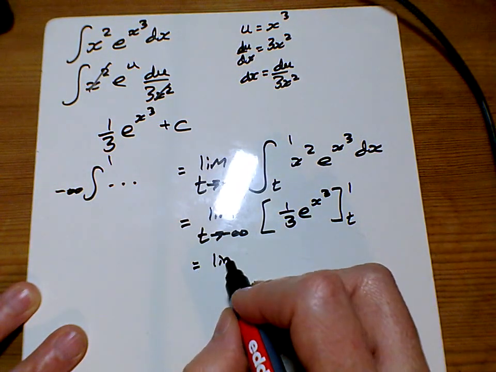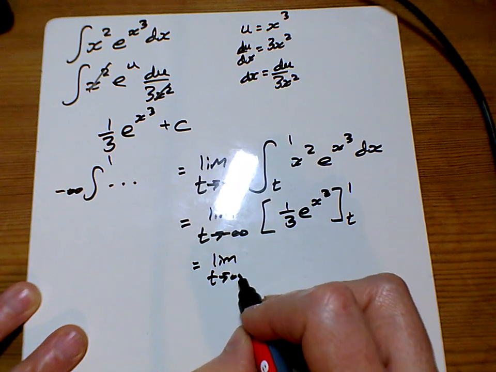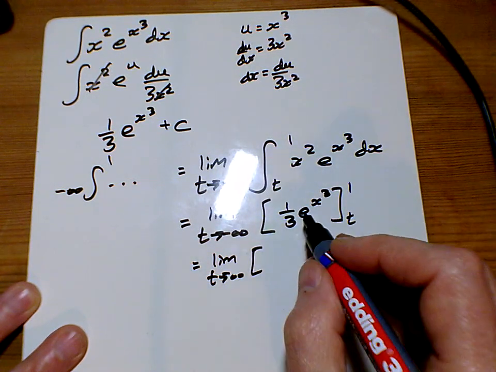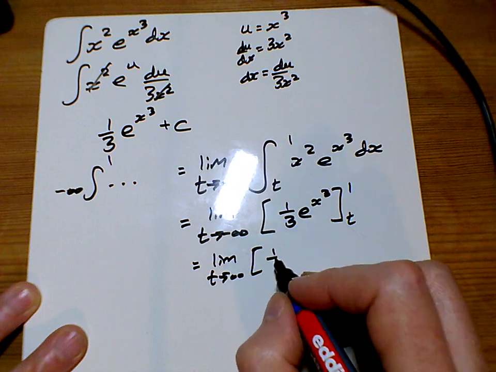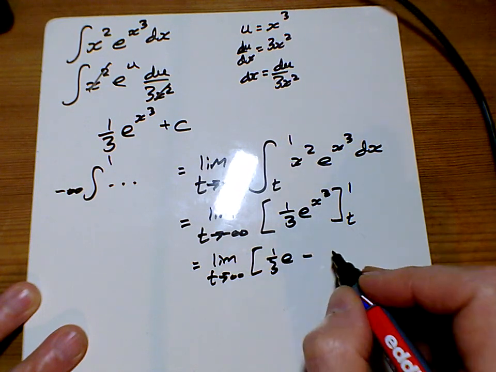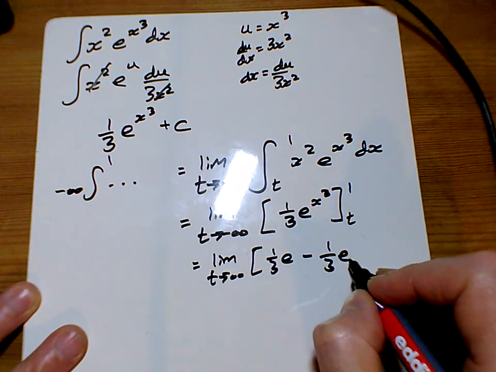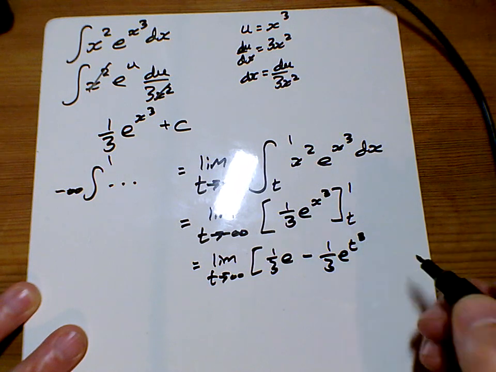And so, last bit, stick a 1 in there, we get e to the 1, so we get 1/3 e minus 1/3 e to the t cubed.